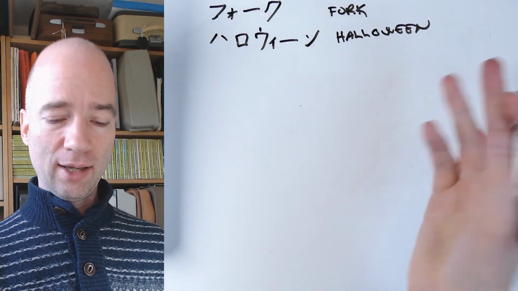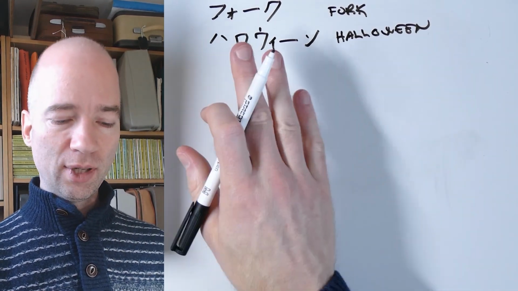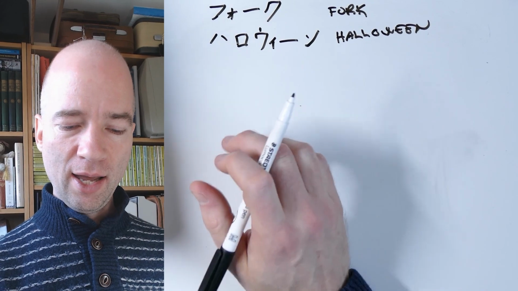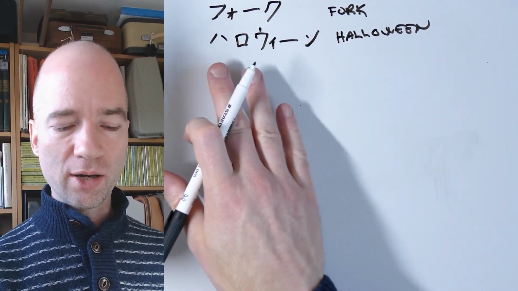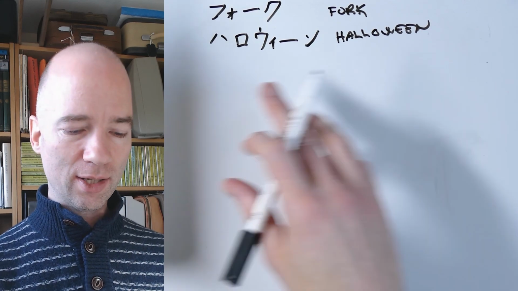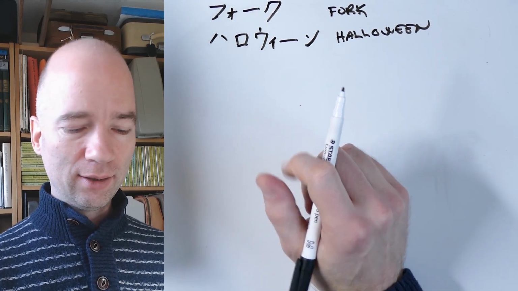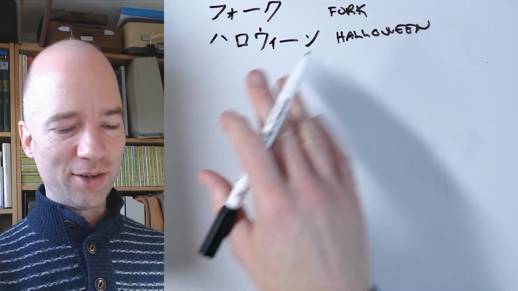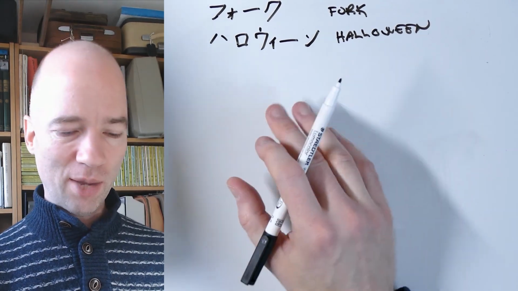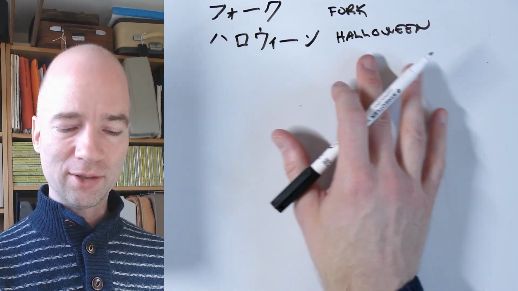And again, you see the L in English becomes R in Japanese. And again, there's no doubling of the R sound. It's not Halloween with a double R. That doesn't work in Japanese. I still have a theory that you never get a double R sound ever in Japanese.